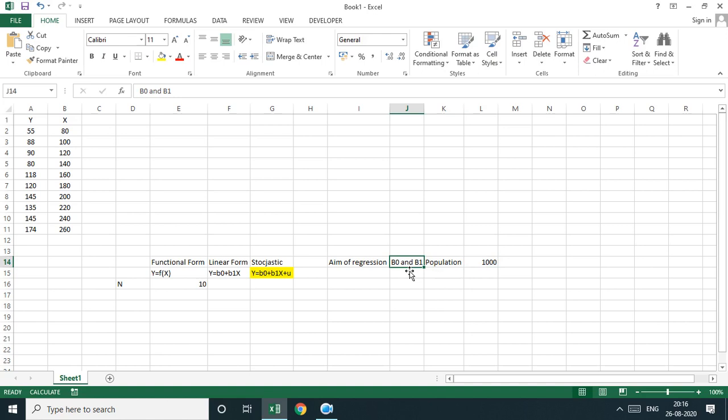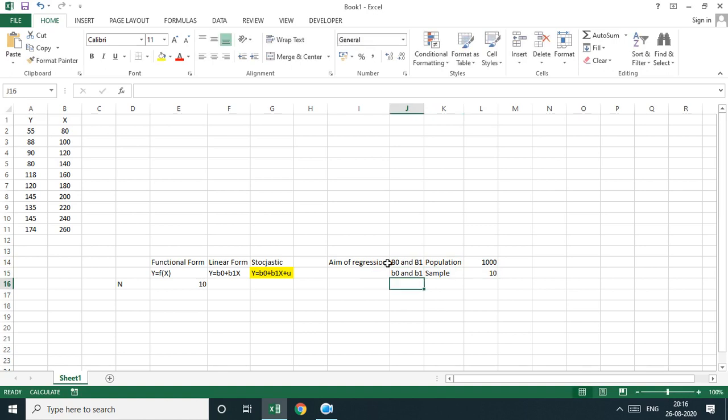But we have only 10 sample values taken from these 1,000 values. We don't have information about the population, so we are only able to calculate small beta 0 and small beta 1, and these are sample statistics.